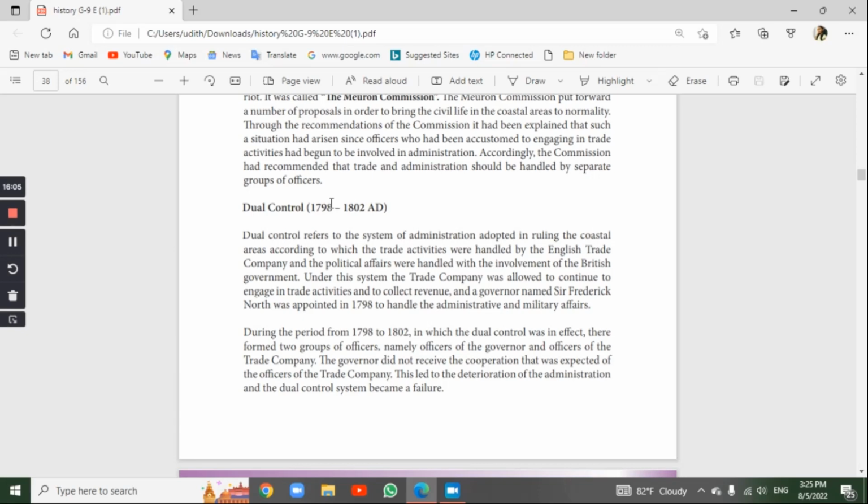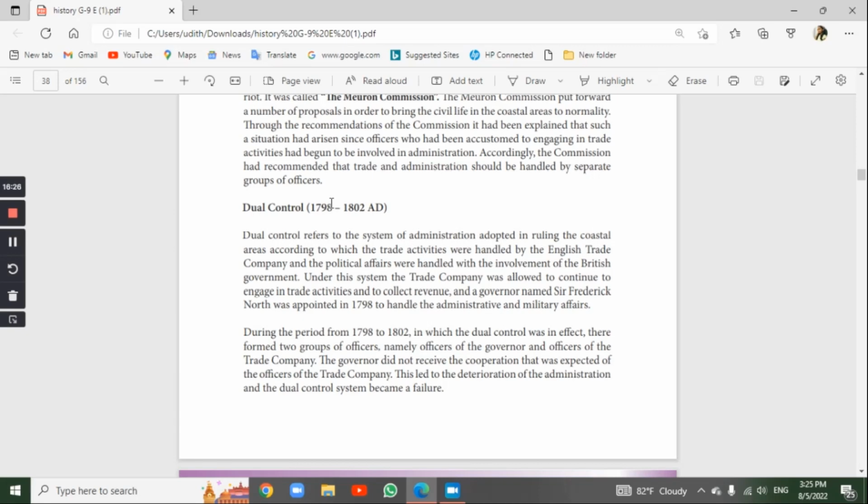Under the system, the trade company was allowed to continue engaging in trade activities and to collect revenue. At that time, the governor of Sri Lanka was Frederick North. He was appointed in 1798 to handle the administration and military affairs.